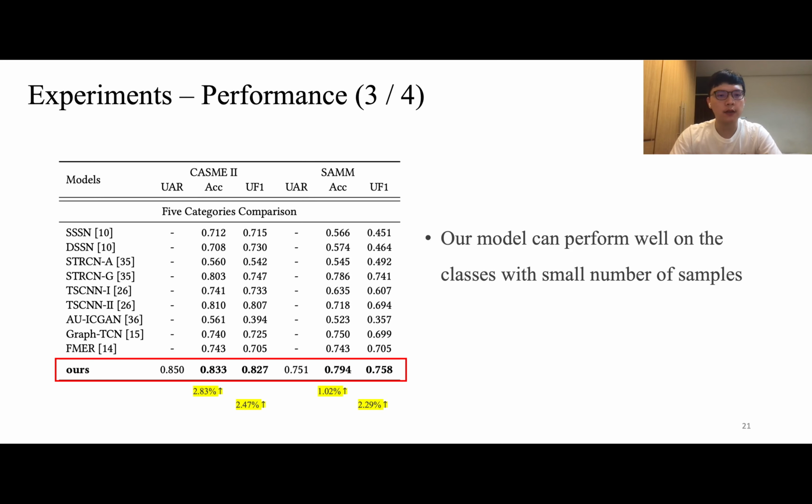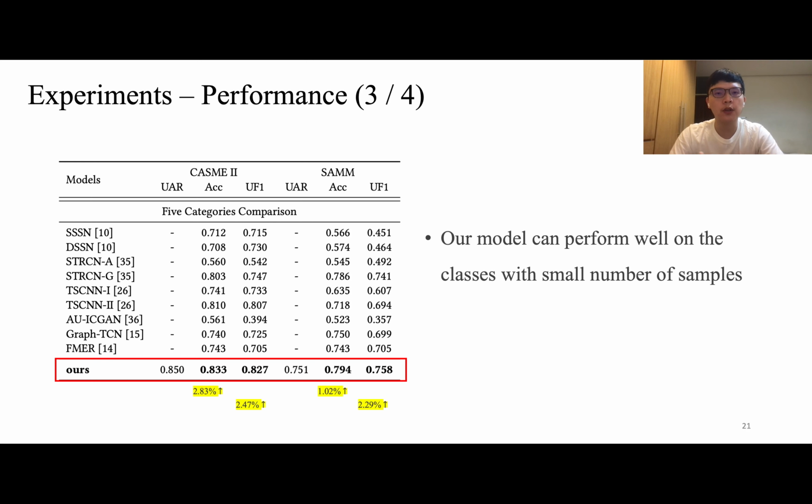And here's the 5 categories comparison. We can easily observe that our model can outperform other existing methods on both accuracy and unweighted F1 score. And here's the improvement of our model accuracy and F1 score. Why can our model outperform these existing methods? Because our model can handle those classes with a small number of samples.